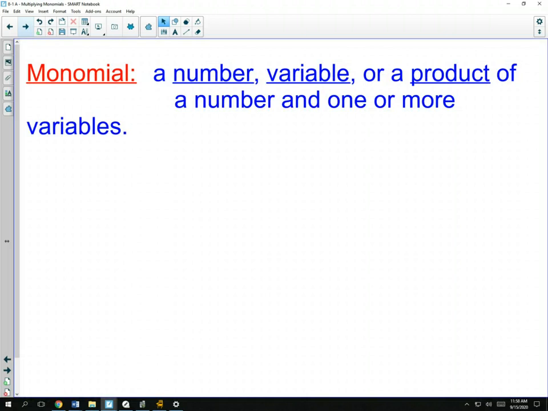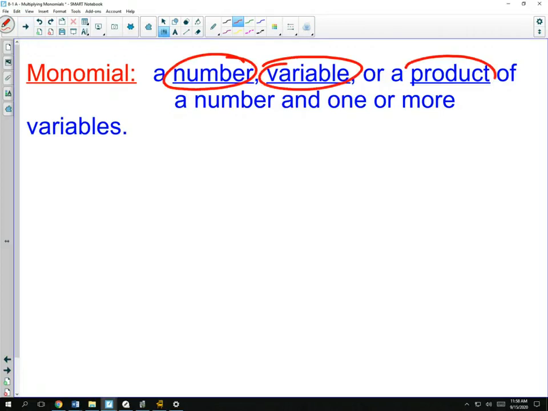A monomial is a number, a variable, or a product of a number and one or more variables. So a number such as like 7, right? Or a variable such as like x. Or a product, which is the answer when you multiply.